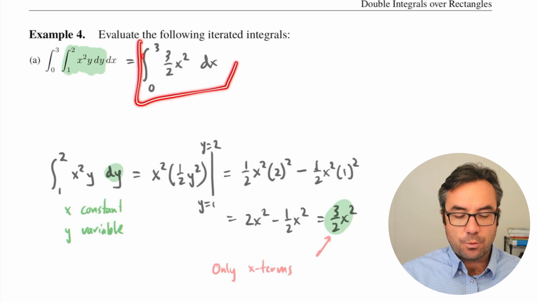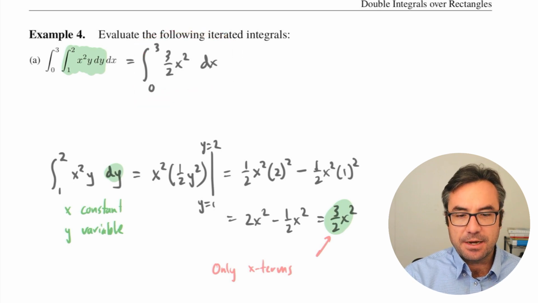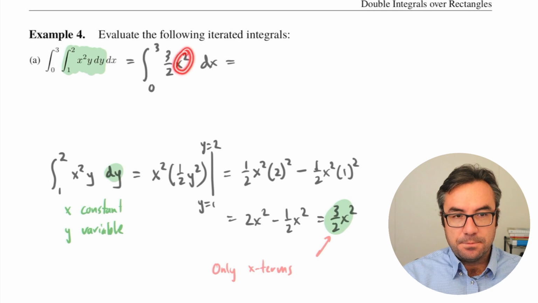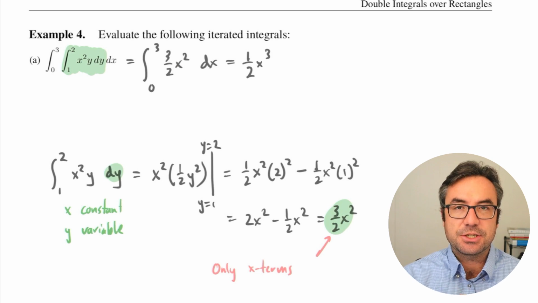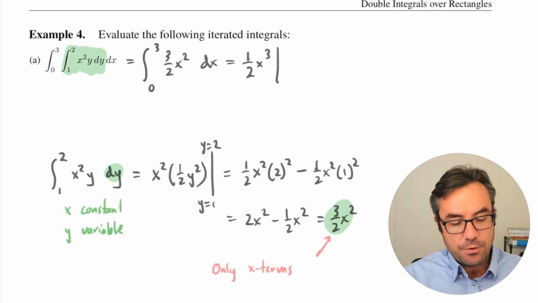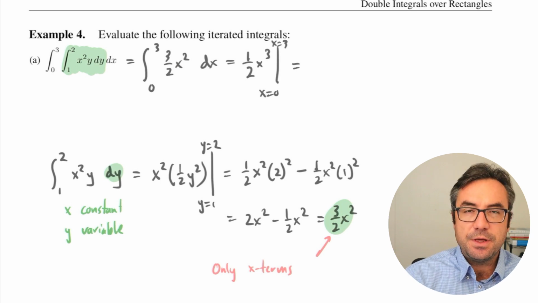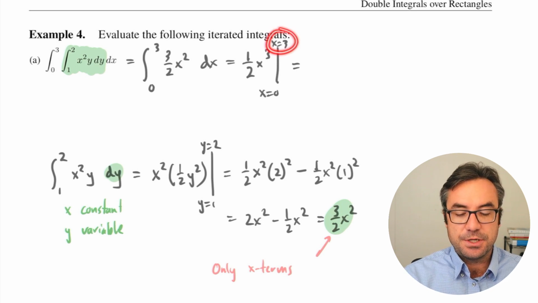And now this is just a regular definite integral that we saw back in Calc 1, or maybe 2. All right, so power rule. And when we do the antiderivative, we end up with 1/2 x times x cubed. And then we're going to evaluate from x equals 0 to x equals 3. And then when we do the evaluation, top number goes in first.